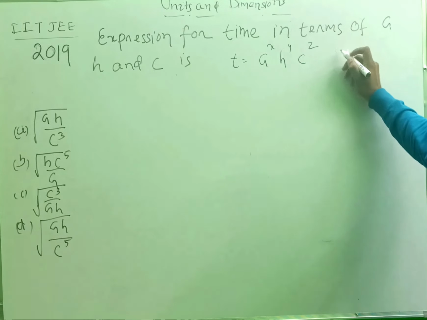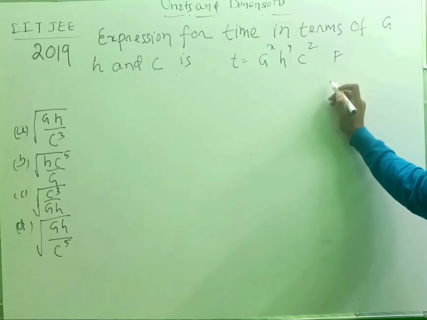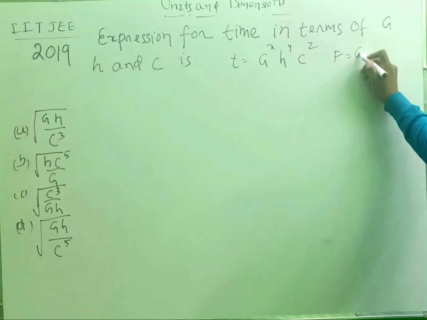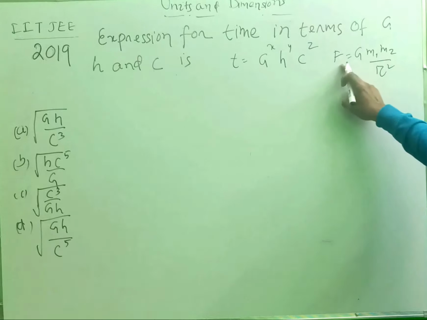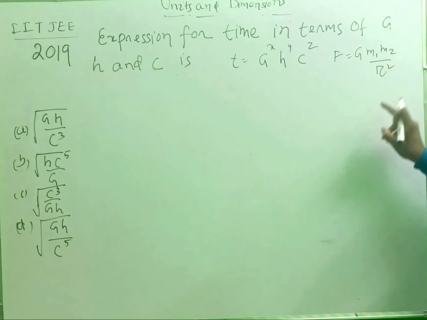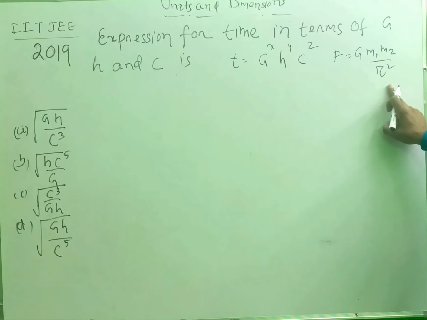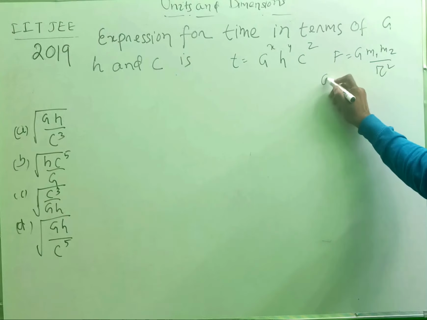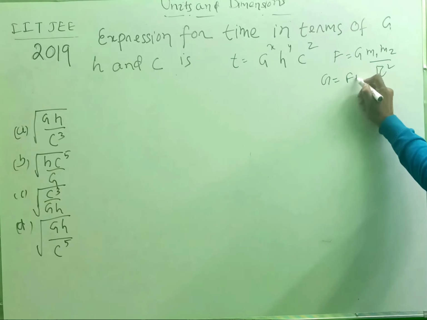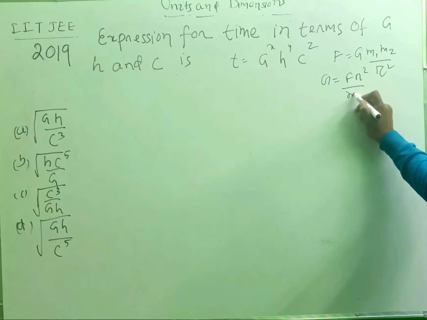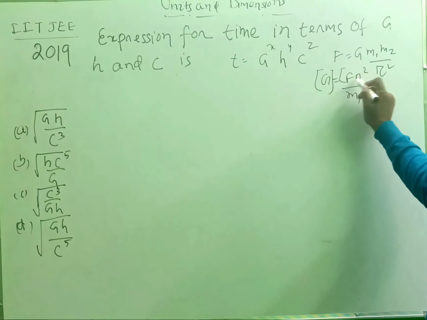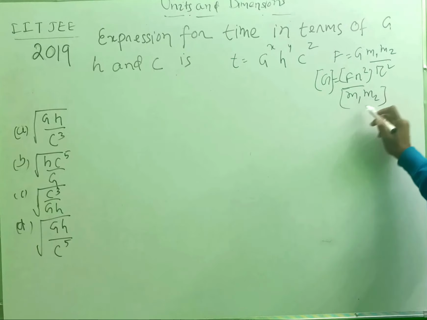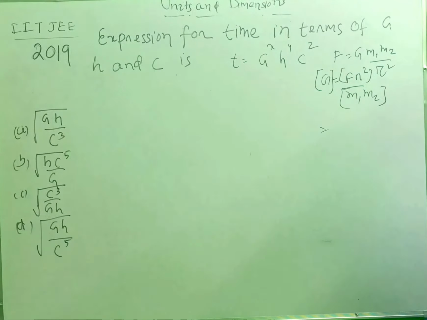From Newton's universal law of gravitation, students, we know that F is equal to G m1 m2 by r square, the gravitational force acting on two bodies m1 and m2 separated by a distance r. From this formula we know G is equal to F r square by m1 m2, and the dimensions of G will be equal to dimensions of F r square upon dimensions of m1 m2.